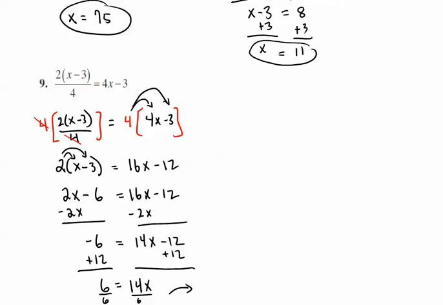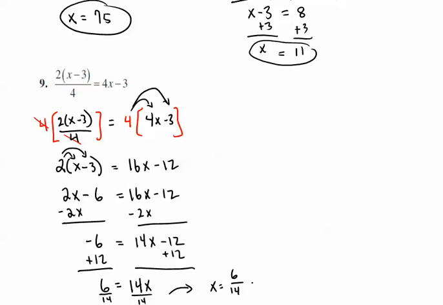Sorry, we're not going to divide both sides by 6. We're going to divide both sides by 14 because we want the 14 to cancel out. If it was 6 there, we wouldn't have the x by itself. But now the x is going to be by itself. And so we have x is equal to 6 over 14.